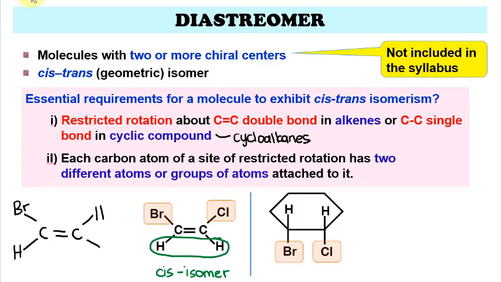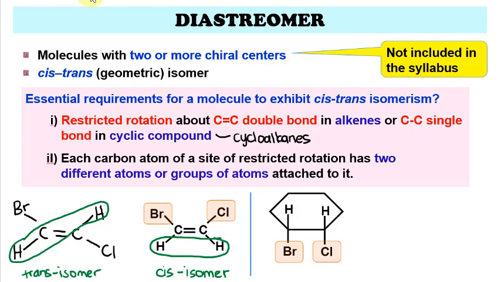I'll put the hydrogen and chlorine here. When the atoms are not on the same side like this, it is called a trans isomer. So this is the trans isomer for this structure.